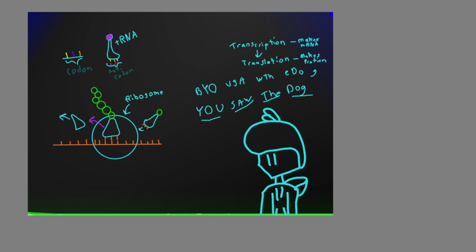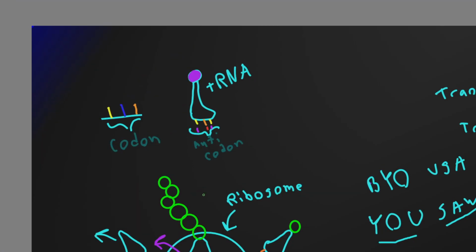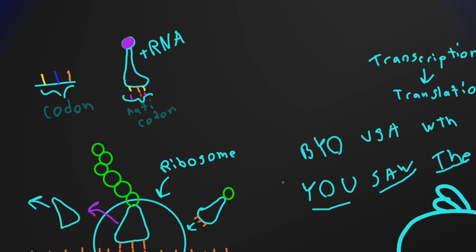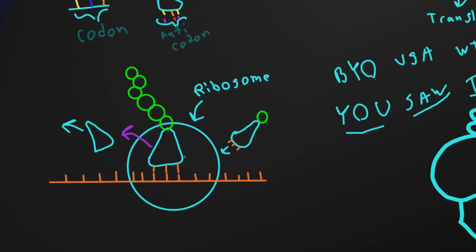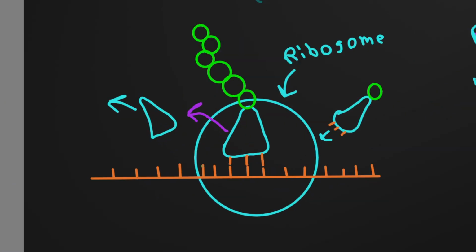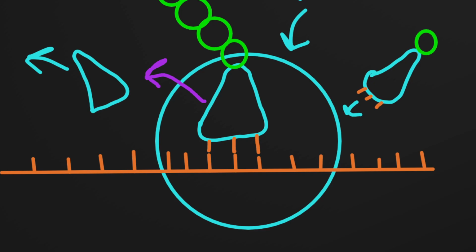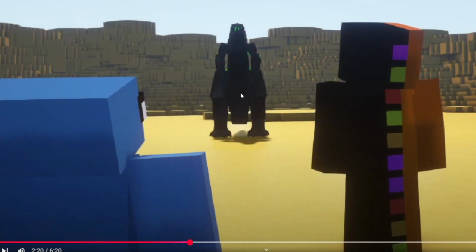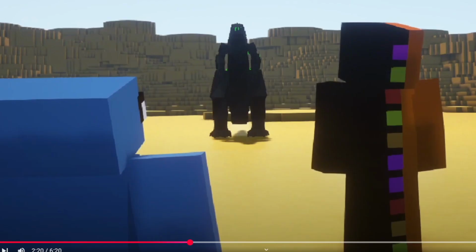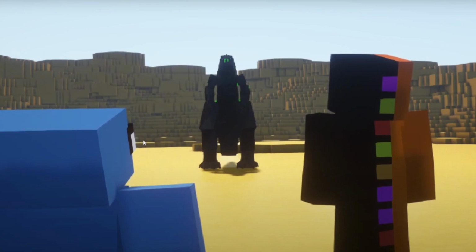So, let's say you want to make an amino acid that makes a certain process go faster. And let's say that there's a mutation in your DNA which causes a singular thing to be added. Although this is a very, very dramatic case, and just for plot, we have Godzilla, who is mutated.